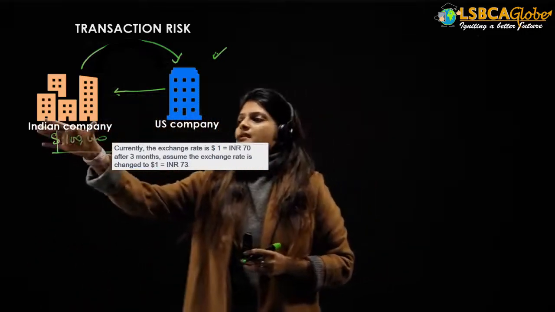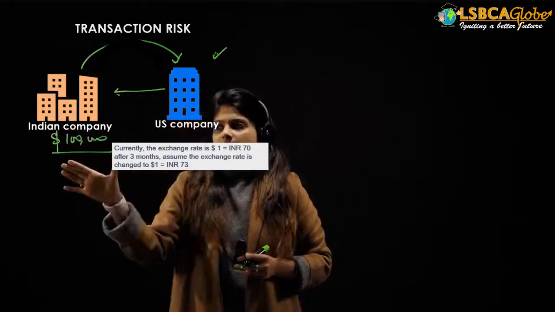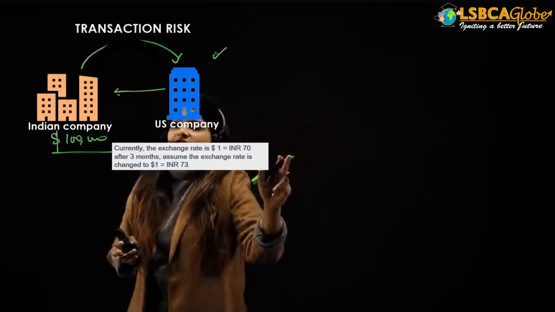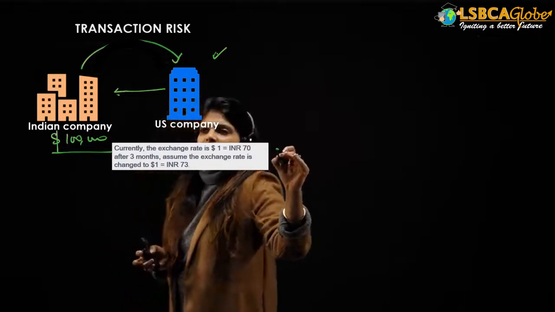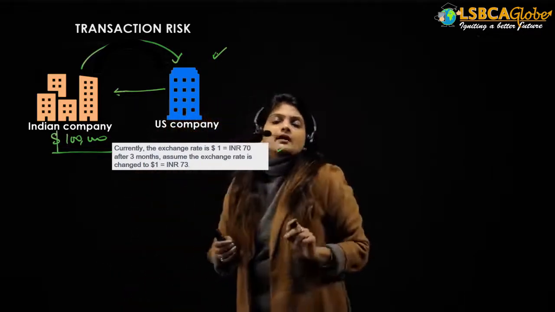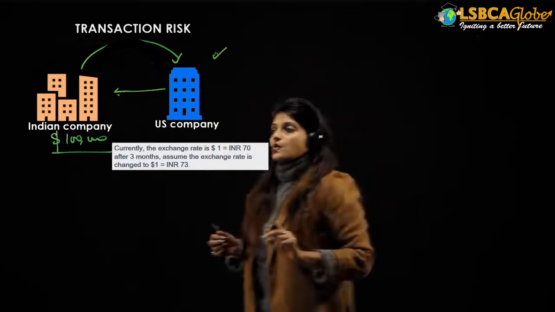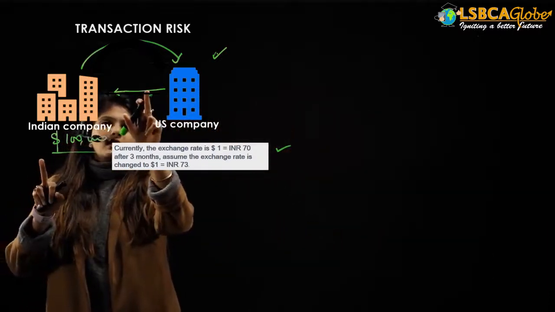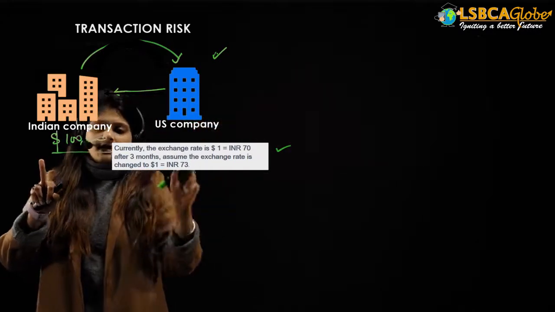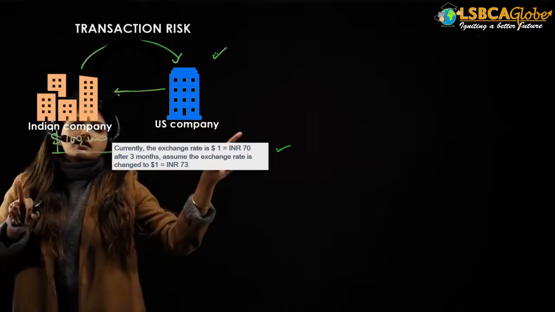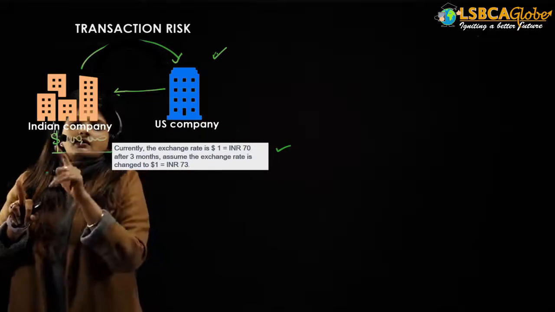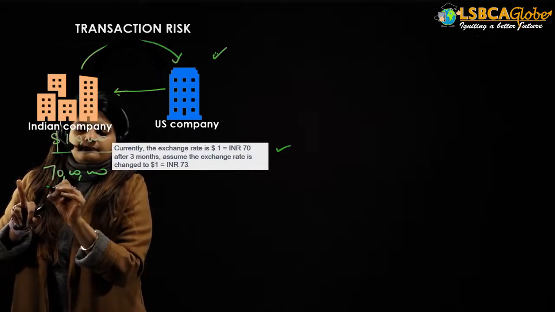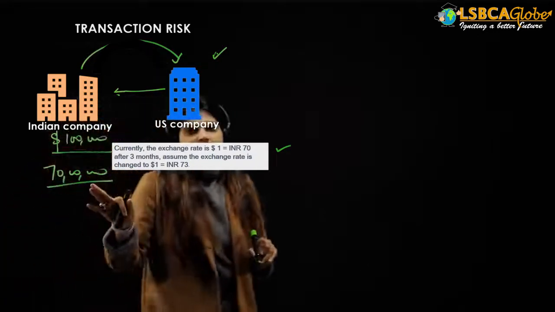Now the Indian company is required to pay in foreign currency. Let's say the exchange rate quoted today is INR 70 against $1. So if I see how much payment the Indian company needs to make to the US supplier, $1 is equal to 70 rupees, so $100,000 would amount to 70 lakhs, or you can say 7 million.